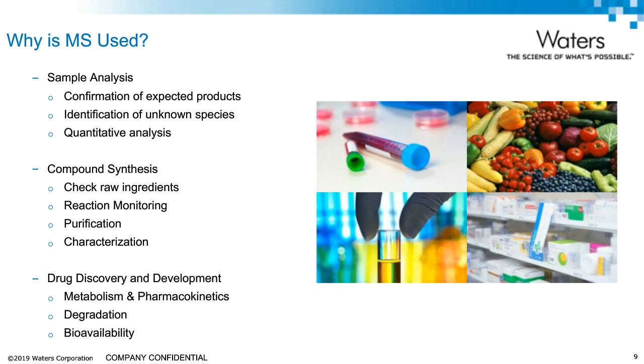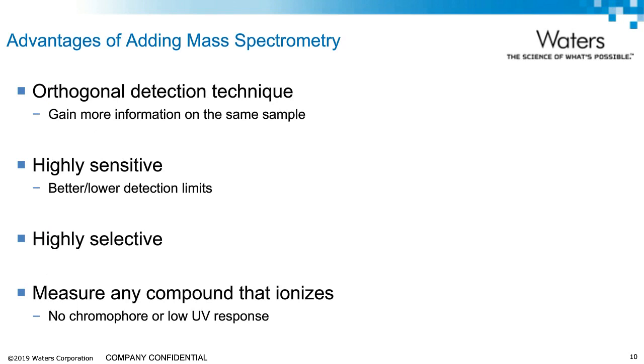Mass spectrometry can definitely be considered an information-rich detection method, and there are many advantages of adding it to an existing method or assay. For example, mass detection can be coupled with other detectors, allowing users to gain more information from the same sample in the same injection. Mass spectrometry is highly sensitive, having better or lower detection limits than many other detection techniques.